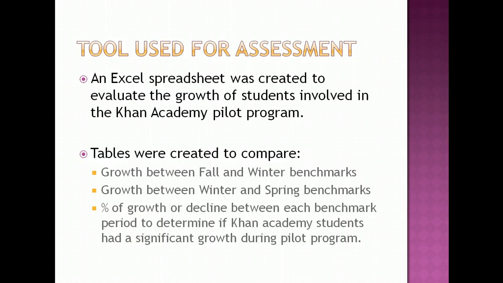I also particularly was interested in what percent of the growth or decline between each benchmark period was occurring, what the growth or decline was, and was there a particular increase when the students were involved in Khan Academy. Did that have a significant impact on their growth between the winter and spring benchmark?